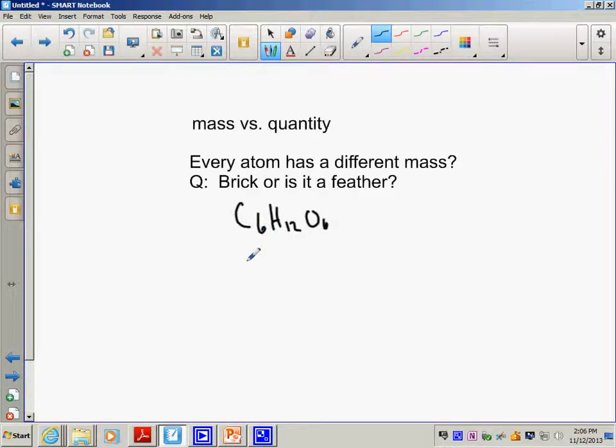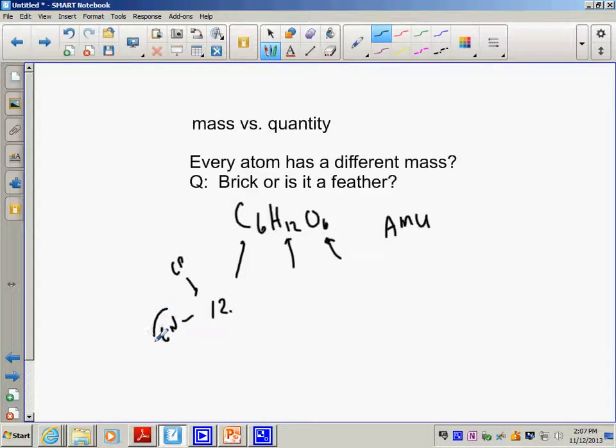So how do we assign masses to these individuals? We're going to do that strictly off the periodic table using atomic mass units, or AMUs. The atomic mass of carbon is 12. Now, if I go just plain old 12, we're assuming that this is 6 protons and 6 neutrons.